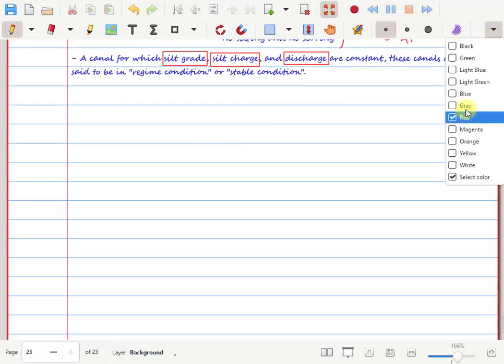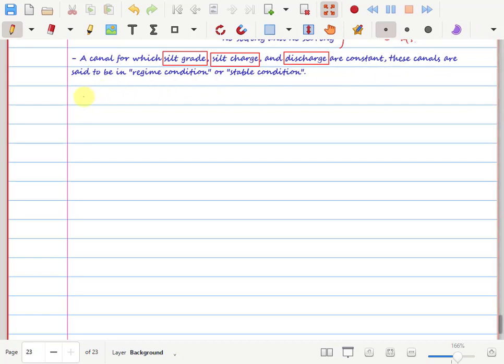The first term is silt grade, right? Silt grade actually means the size of silt particles.